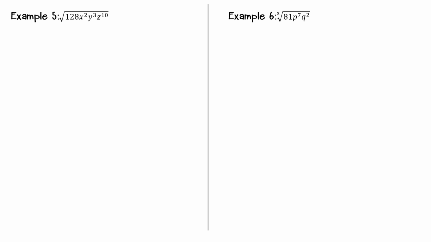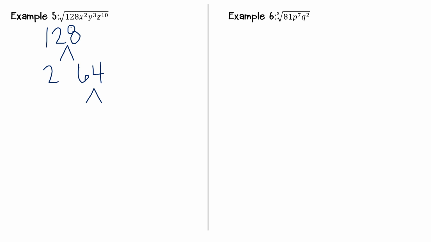So to start the problem, you're still going to break down the number underneath the radical the same way by using a factor tree. So 128 would be 2 times 64. And then for 64, we can break this down several different ways. We could divide by 2, we could divide by 4, we could also divide by 8.